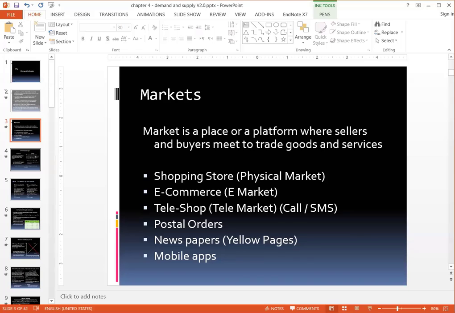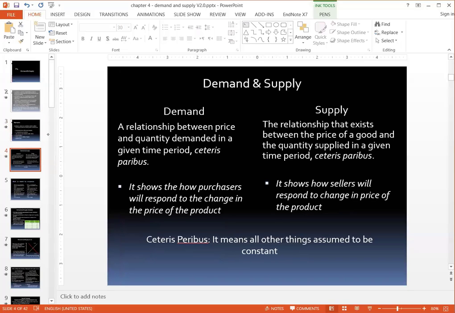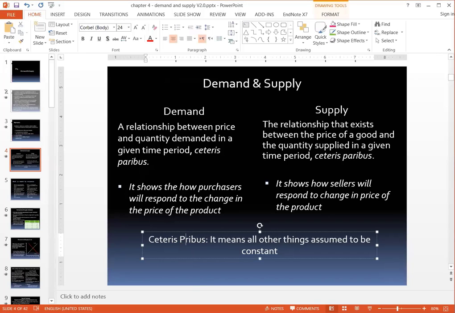Then we go towards the terms demand and supply. First of all we'll give a general definition, then we'll build on it. Generally, demand is a relationship between price and quantity demanded in a given period of time, ceteris paribus. Ceteris paribus means keeping other things constant.